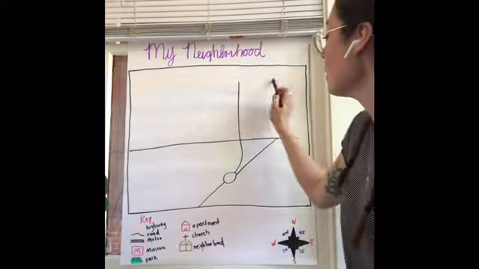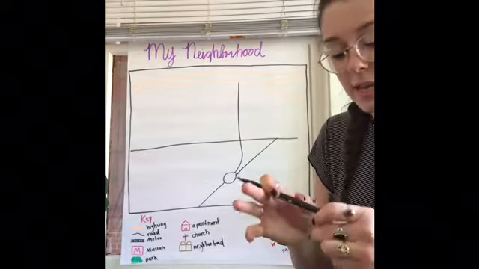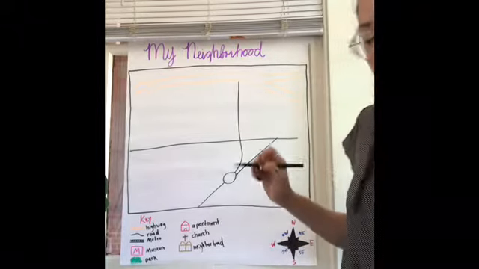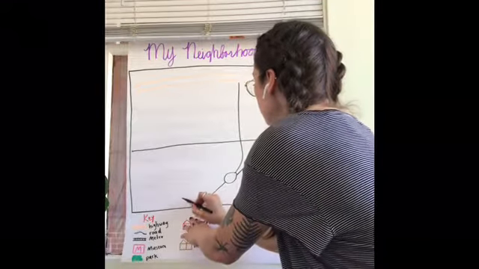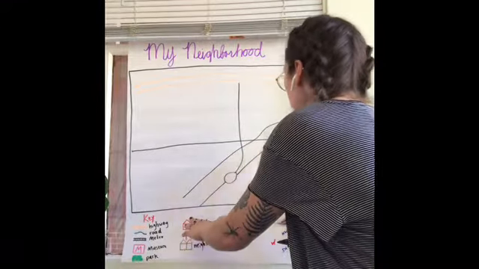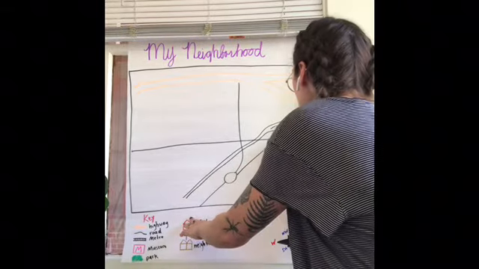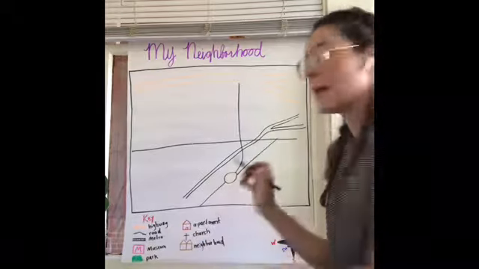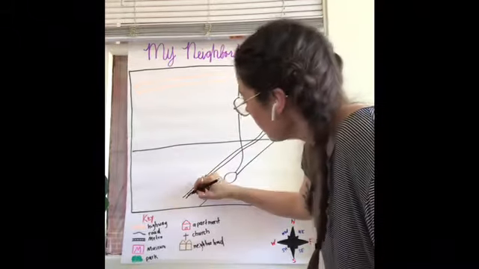So far I have my highway, my main roads, and then I'm going to put in the metro, okay? So that runs straight through here, and it branches off as well, so it goes this way and that way.